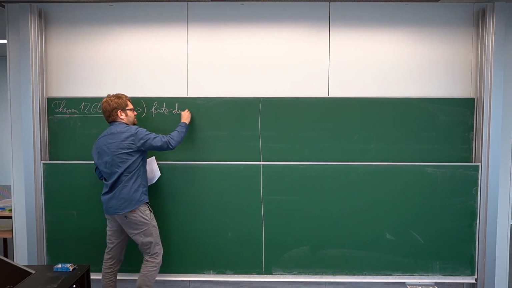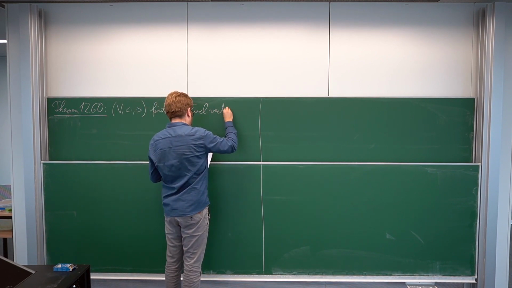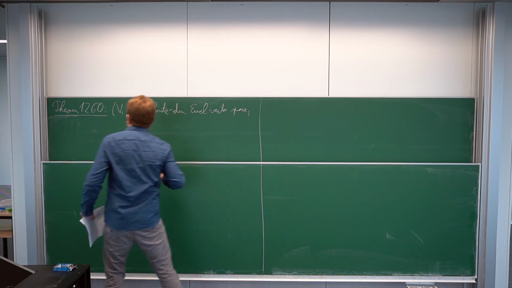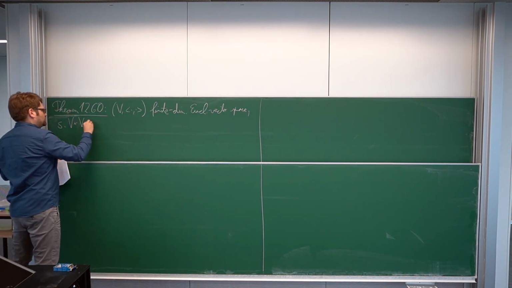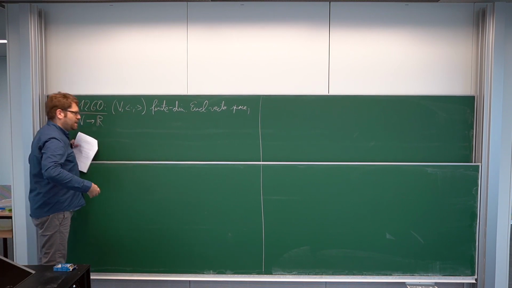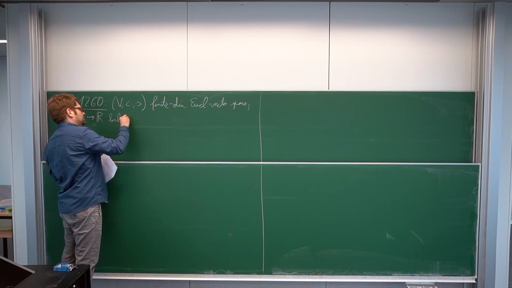In this case, we can easily handle the finite dimensional Euclidean vector space. And we assume we have a bilinear form on this vector space, which is arbitrary. The inner product is a positive definite symmetric bilinear form, and S is an arbitrary bilinear form on V.